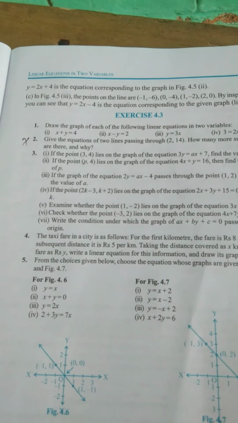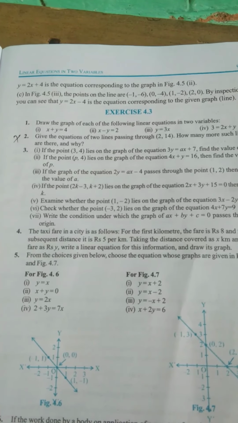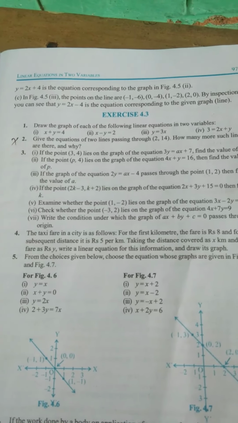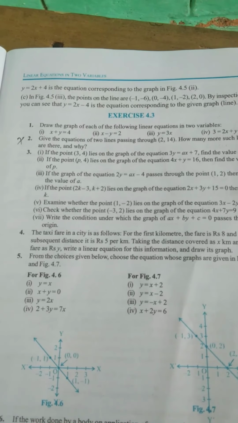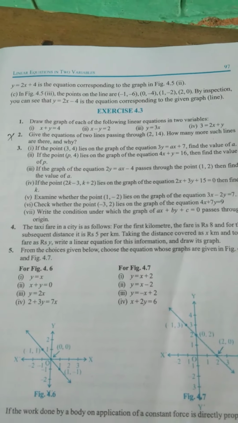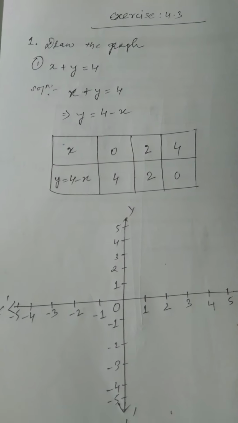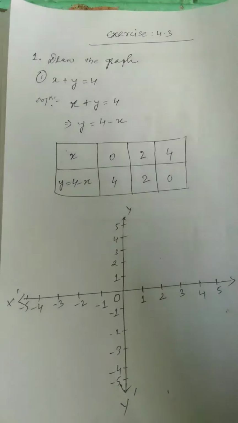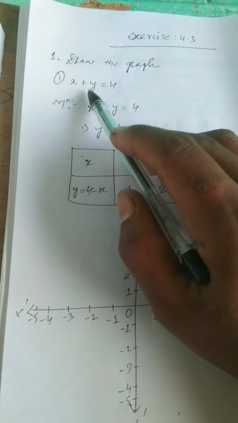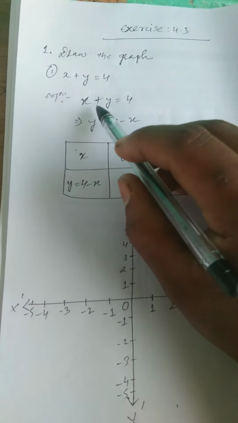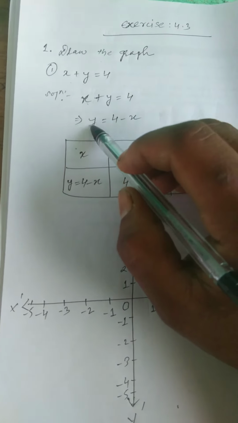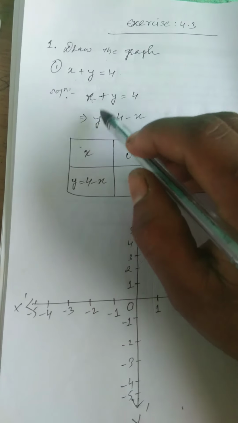But before drawing a graph, we need to find the solutions. At least two solutions, that is enough to draw the graph. So how to find the solutions, I will show you here. Here you see x plus y equals 4. So x plus y, you keep any one variable, you can keep x or y.